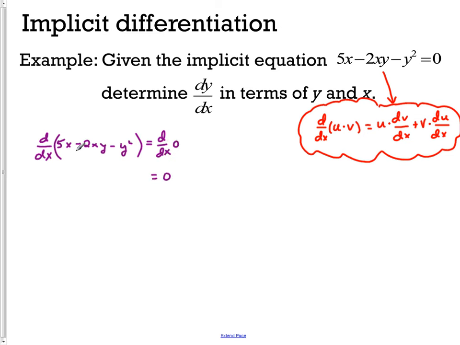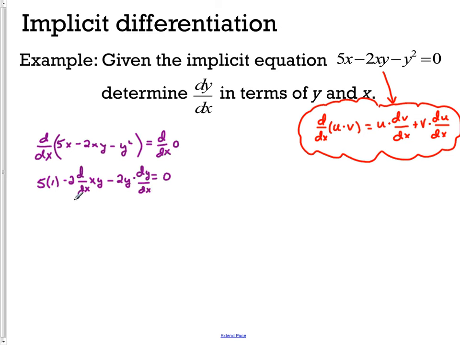So the only real part that we're going to have to worry about is what happens with each of these terms. So we're going to end up with 5 times 1, which is the derivative of x, minus 2 times the derivative of xy. I'm just going to leave it as xy for right now so we can see this in action. Minus the derivative of y squared. And as we know from previously, this is going to be 2y to the first, like our chain rule would say, times dy dx.